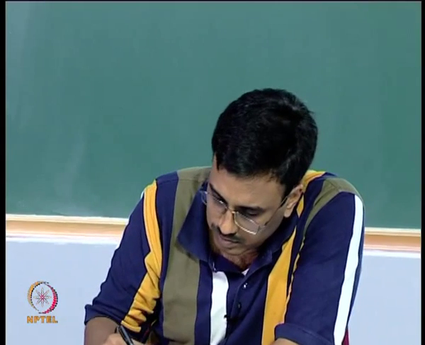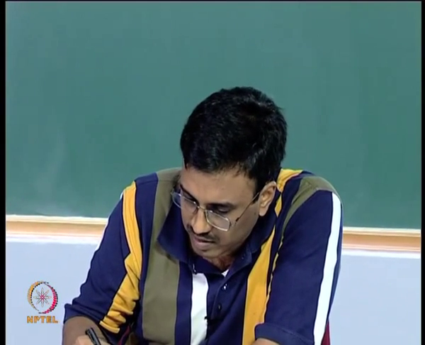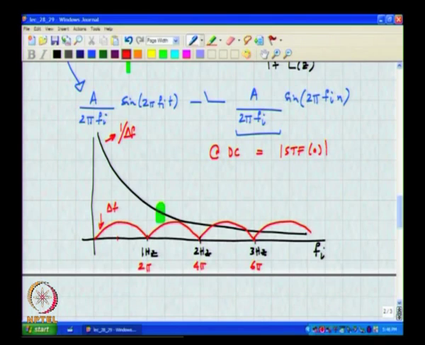Now, let us see, so at DC the magnitude of the STF is 1. Now, at a frequency 1 plus delta f, what do you think will be the gain?